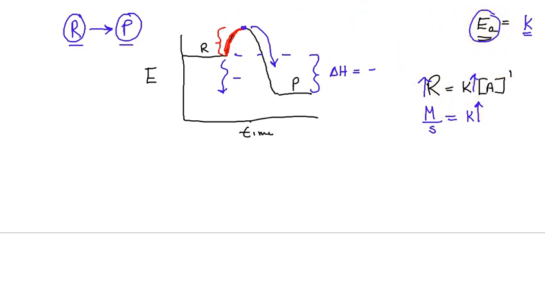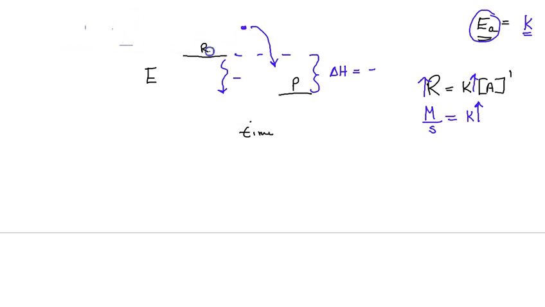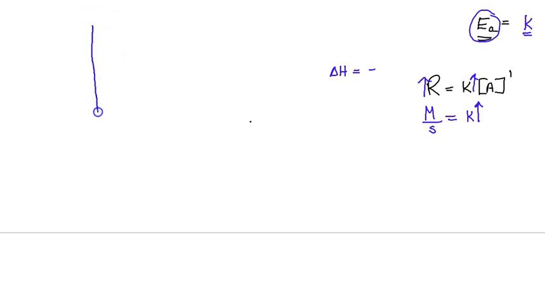So where does activation energy have its implications with k? Well, it really starts with the Boltzmann distributions. If I erase this and draw a Boltzmann distribution graph, as we've done so many times, remember a Boltzmann distribution is the distribution of all the kinetic energies.